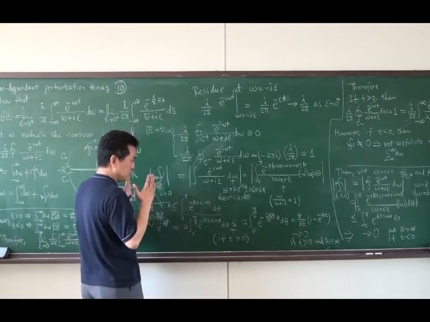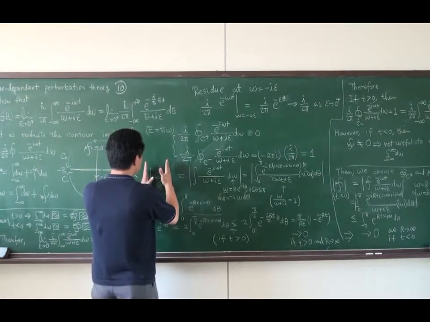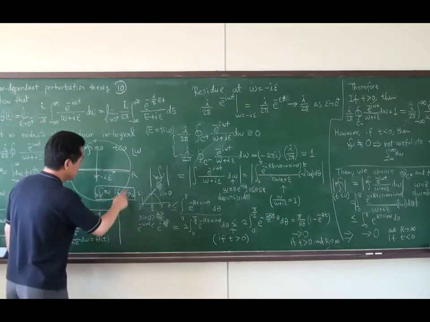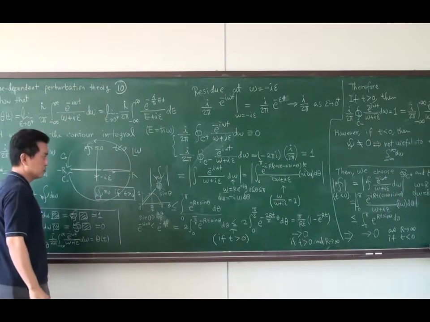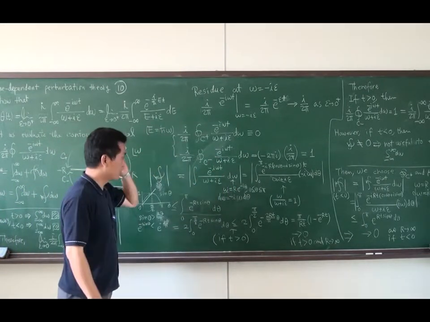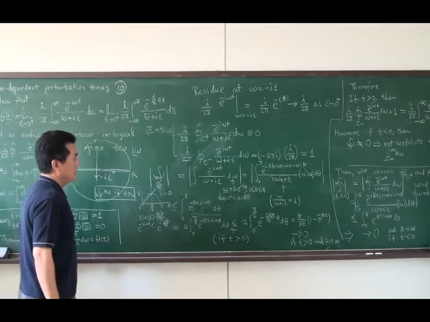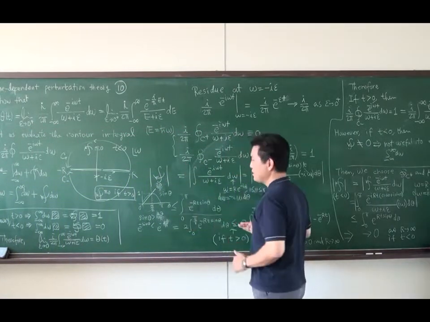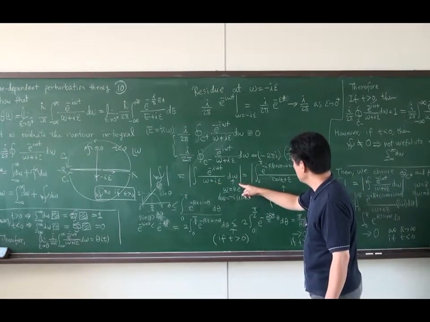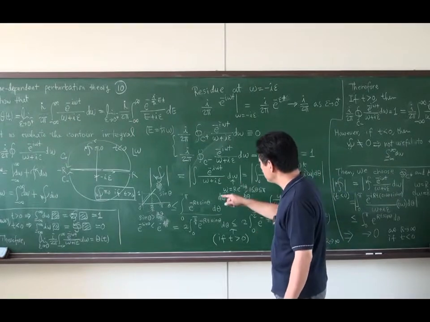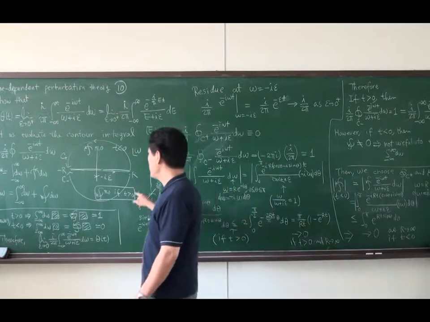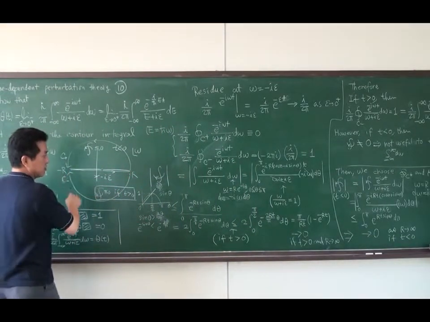So our plan is to take the absolute value of that definite integral on the lower semicircle, without the overall factor. I have substituted the value of omega on the semicircle on the lower half plane.